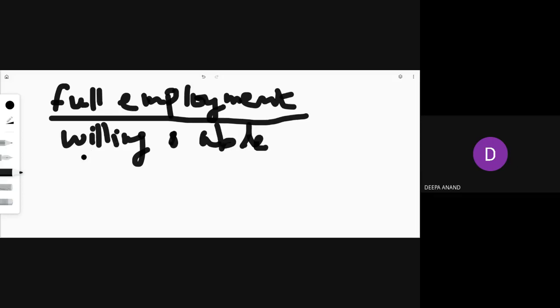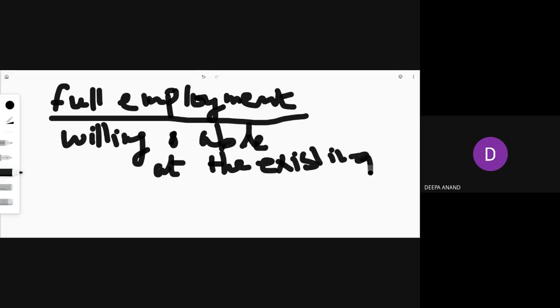So those who are willing and able to work at the existing wage rate, this condition should be there in your definition, at the existing wage rate, that means at the existing return, get work without any difficulty.